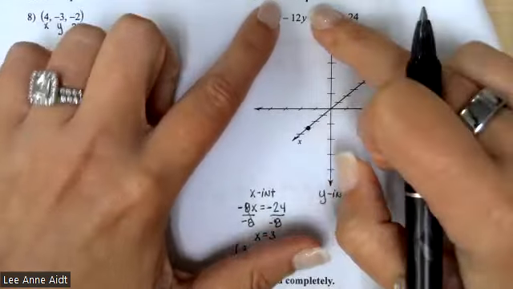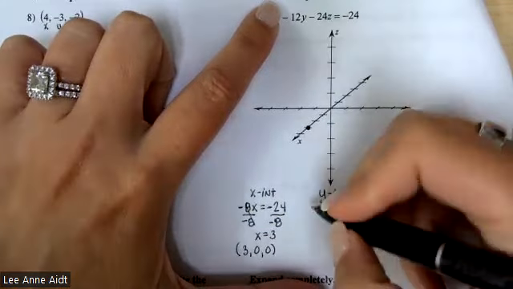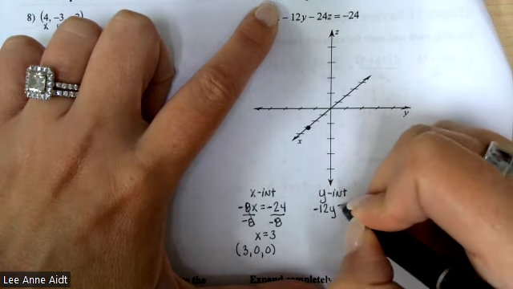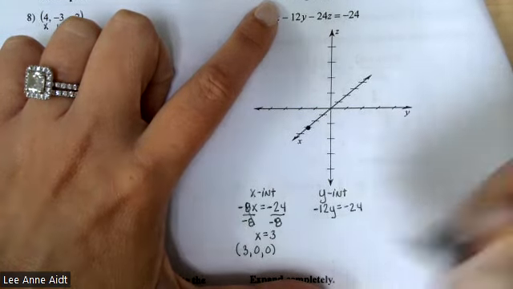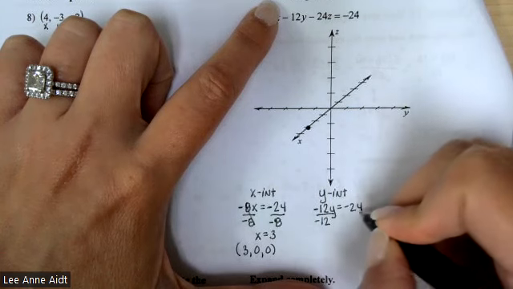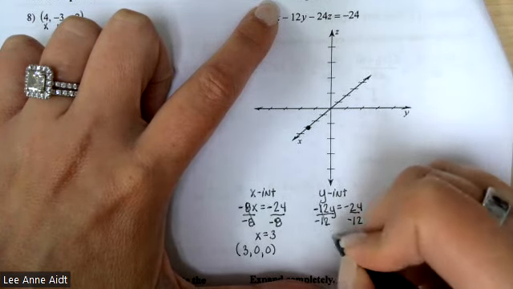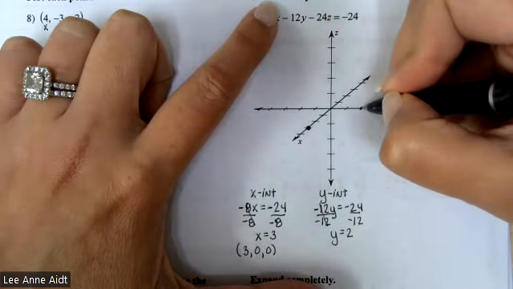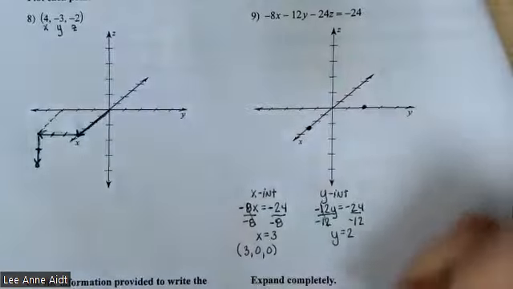Y-intercept, you're going to cover up everything except for the Y. So you have -12y equals -24. Divide by -12. y equals 2. Come out positive 2 on the y.